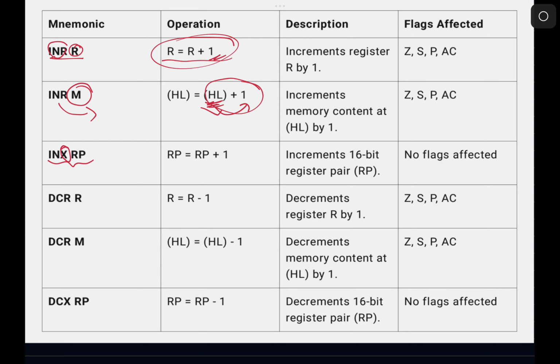So this X represents the extended pair. Okay, and in this instruction there must be a 16-bit number. So for example 1234, since it uses the extended register pair. So this is a 16-bit number, and the 16-bit number is increased by 1.